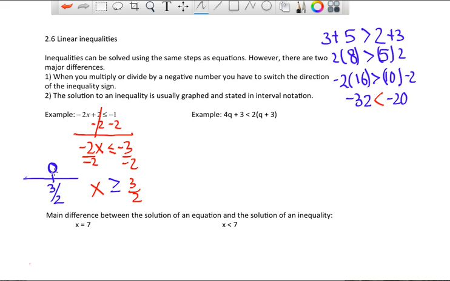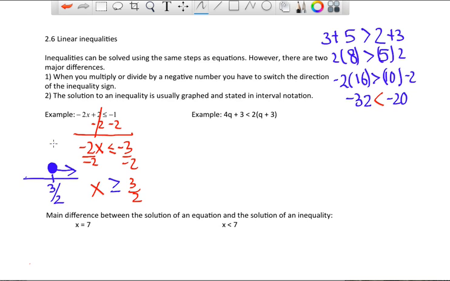If I asked you, can you use 3 over 2? You would hopefully say yes, because it says greater than or equal to. Because you can use it, you can actually hold on to the number and grab it and squeeze it. To me, that's like having an open hand, and squeezing it makes it closed. And greater than 3 over 2 means that it has to go to the right, because numbers greater than 3 over 2 are to the right. So this is the second way you can answer that question.